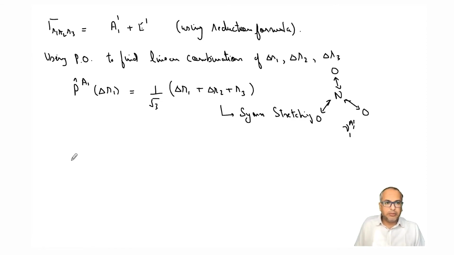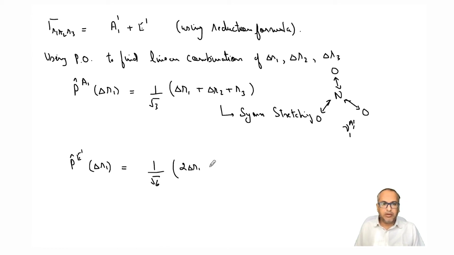So now similarly for the other stretching vibrations, E prime. If you do this, you will get 1 over root 6 times 2 delta R1 minus delta R2 minus delta R3, right?